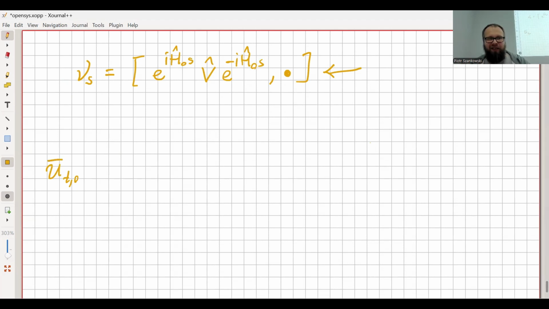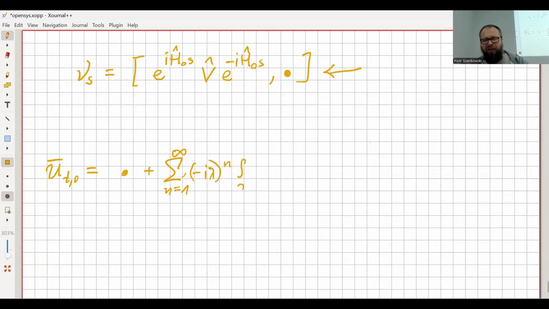And once we have it, let's just expand the exponent into a series. So plus the sum from n equals 1 to infinity of minus i lambda to the n.